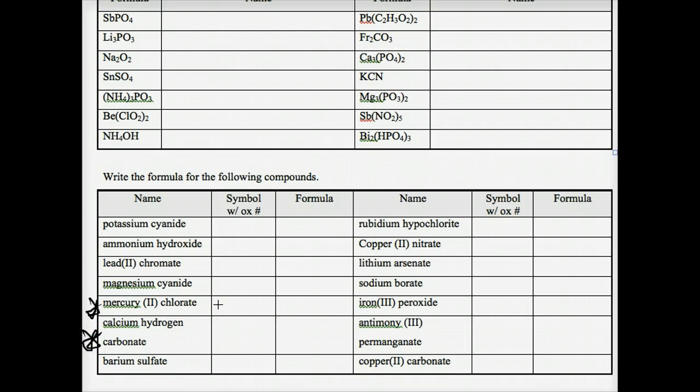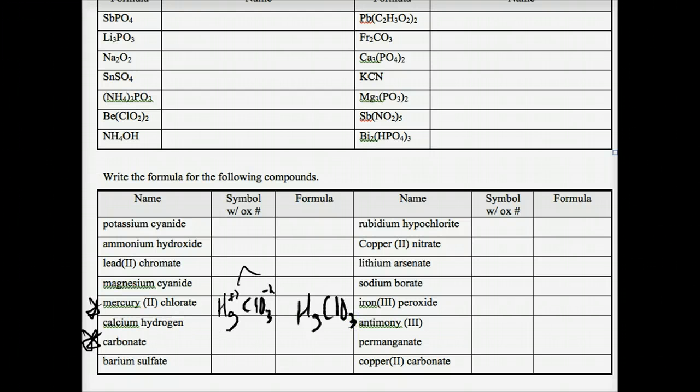Okay, mercury 2. Well, mercury is Hg and it's plus 2. How do I know it's plus 2? It says mercury 2. Chlorate, which is ClO3, and it's minus 1. Well, we have a lowest common multiple of 2. I'm at 2. I'm at 2. So it's just HgClO3. No parentheses needed, and do not write them.